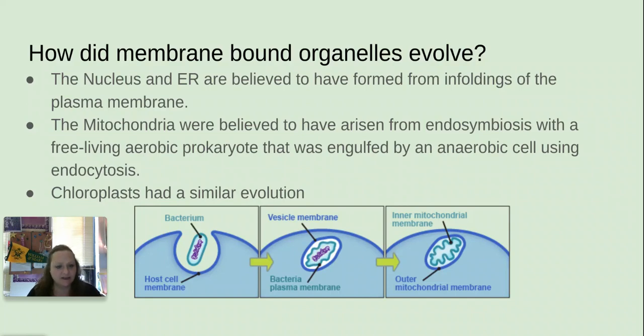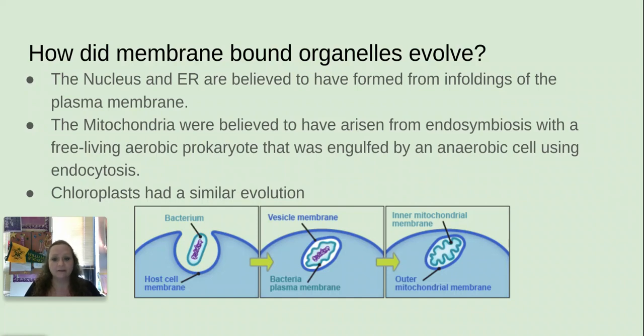When it got engulfed, when it was eaten, so to speak, or consumed, instead of being digested, it ends up with this membrane around it. So you have this bacteria surrounded by another membrane. And ultimately, it ends up supplying energy to what has now become its host cell.